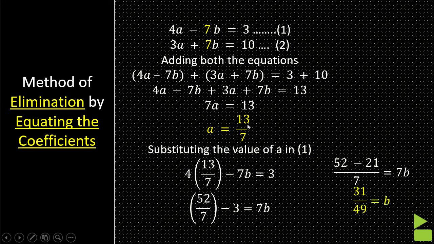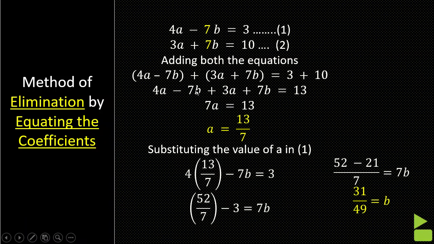So what is the main basic concept we found here? If the coefficients of the variable b are the same and signs are different, we add the equations to cancel the variable b. Repeating again, if the coefficients of a variable are the same and signs are different, we have to add them.